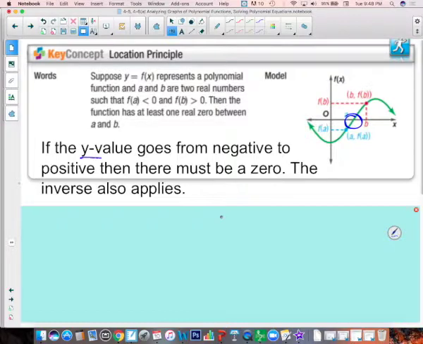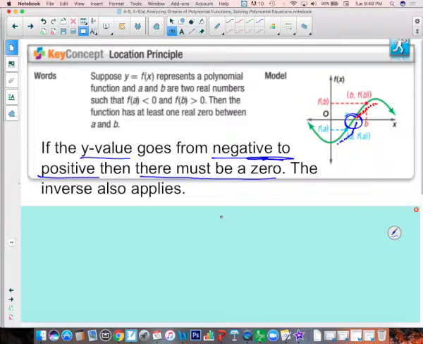So if the y value here goes from negative to positive, if I'm following this graph, I'm still below 0, so that's a negative. As soon as I get above that axis right there, following it back up, that red, as soon as I get above the axis there, then I'm positive. So if your y values are going from negative to positive, then there must be a 0 there.